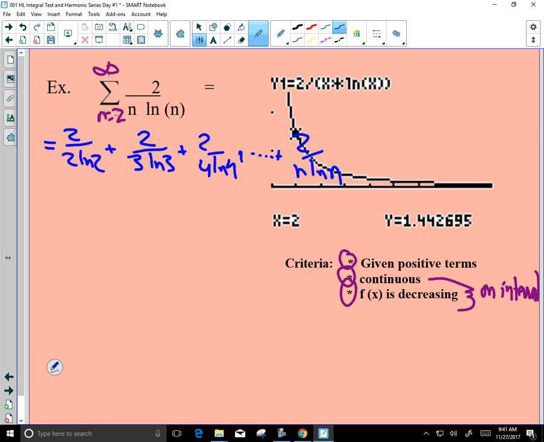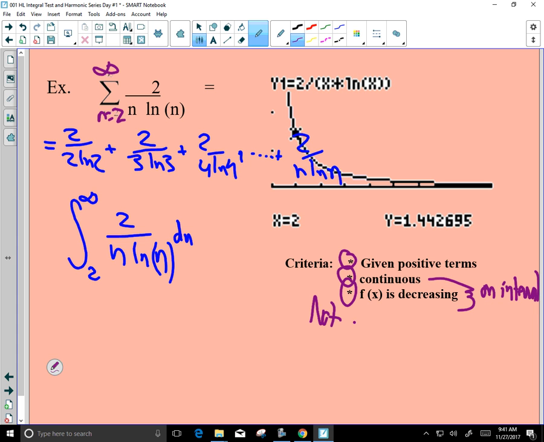All right, so here's what we're going to do. After we've listed all terms positive, continuous, and decreasing on the interval, we're going to integrate from 2 to infinity of 2 over n ln of n dn. If it converges to a value like 4 or 4/3 or whatever, then we know the series converges as well. This does not tell us what the sum is.